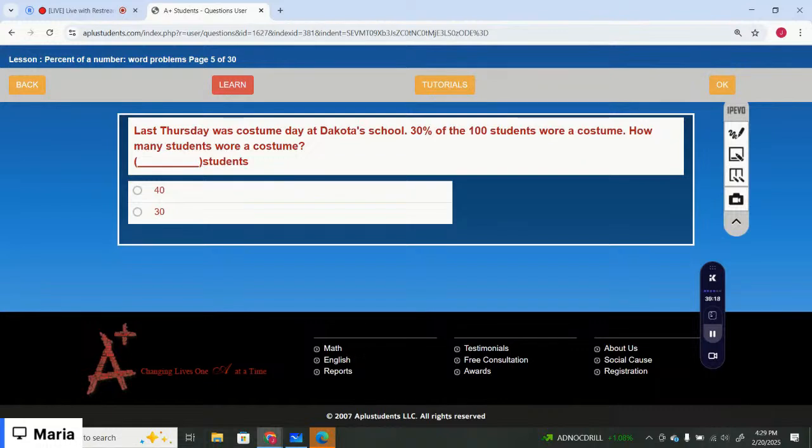Last Thursday was costume day at Dakota School. 30% of the 100 students wore a costume. How many students wore a costume?